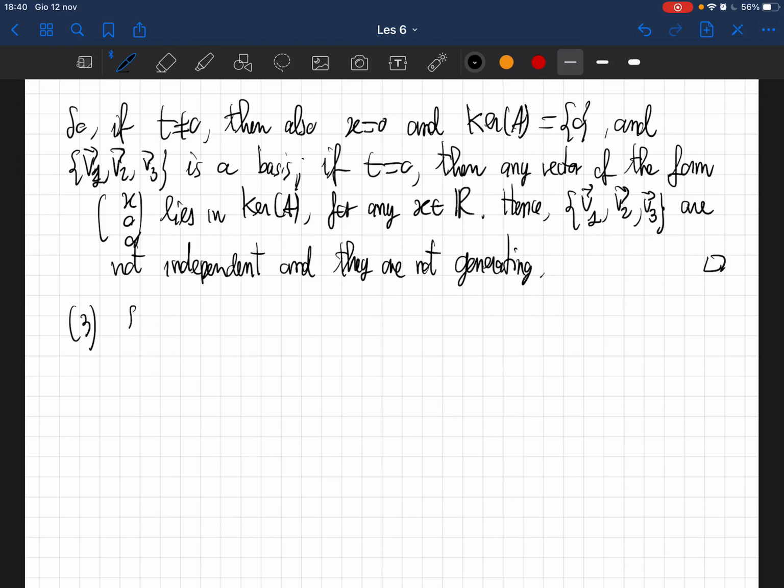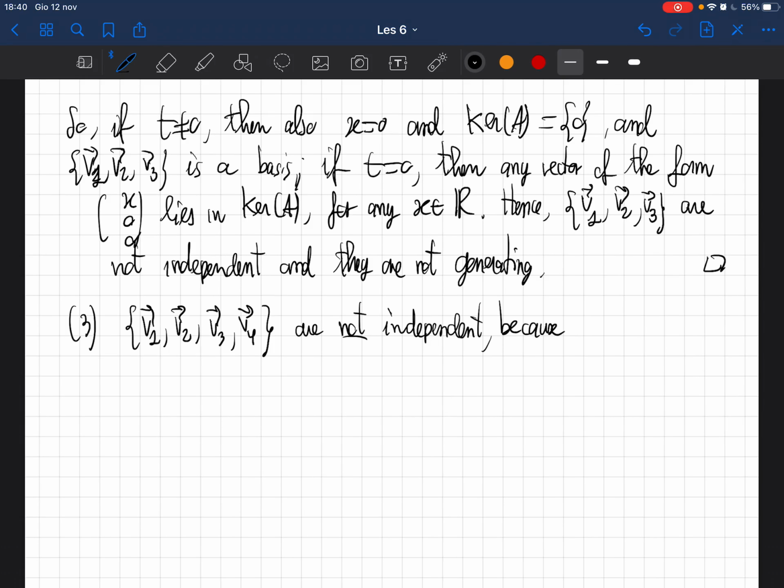The first thing you can write is that v1, v2, v3, v4 are not independent because it is a set of 4, greater than 3, vectors in R3.